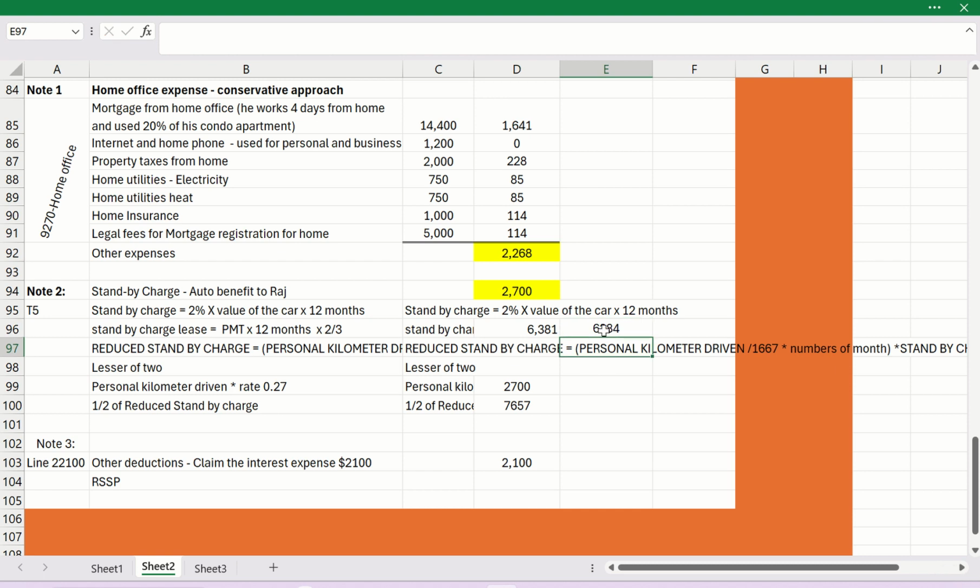Now this is slightly different here because we have a bit of a round-off issue. But regardless, we are not using this amount. We are going with this lower amount, the least amount, 2,700. So this is 2,700. You'd see that on his personal tax in just a few minutes.